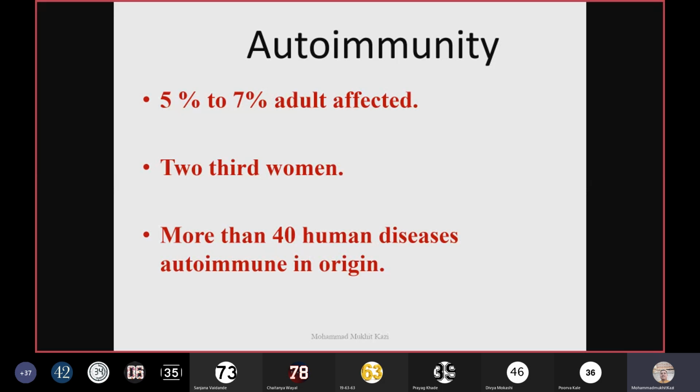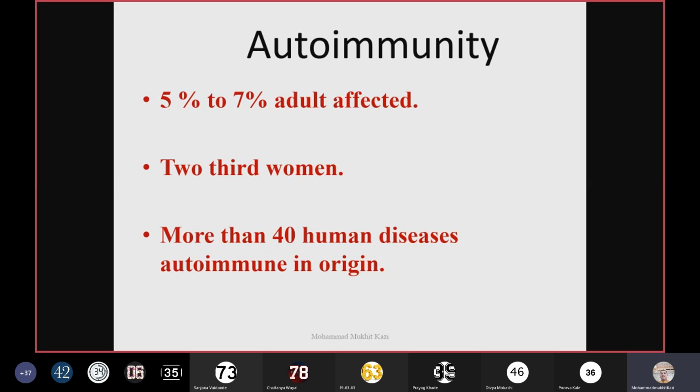It could be due to the copious production of autoantibodies and autoreactive T cells. Not only are antibodies produced, but T cells are also produced in enormous numbers, which try to kill our own cells.